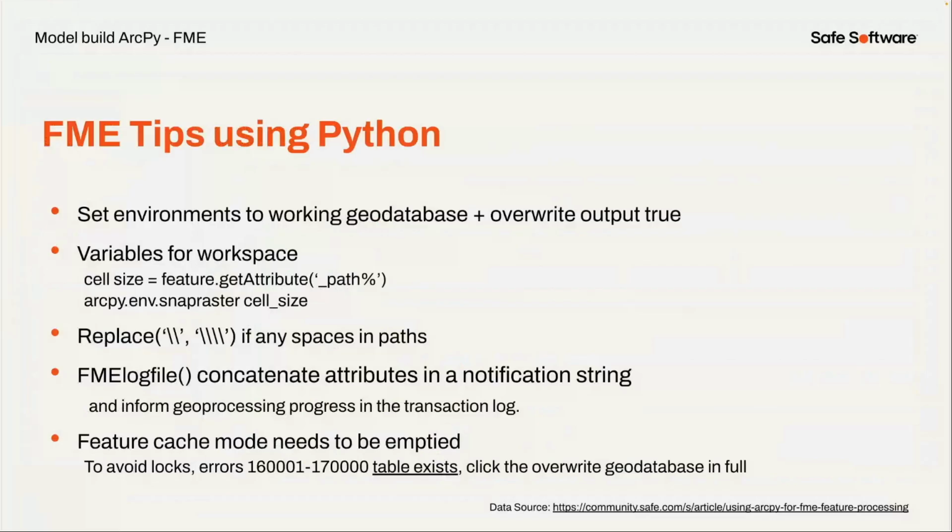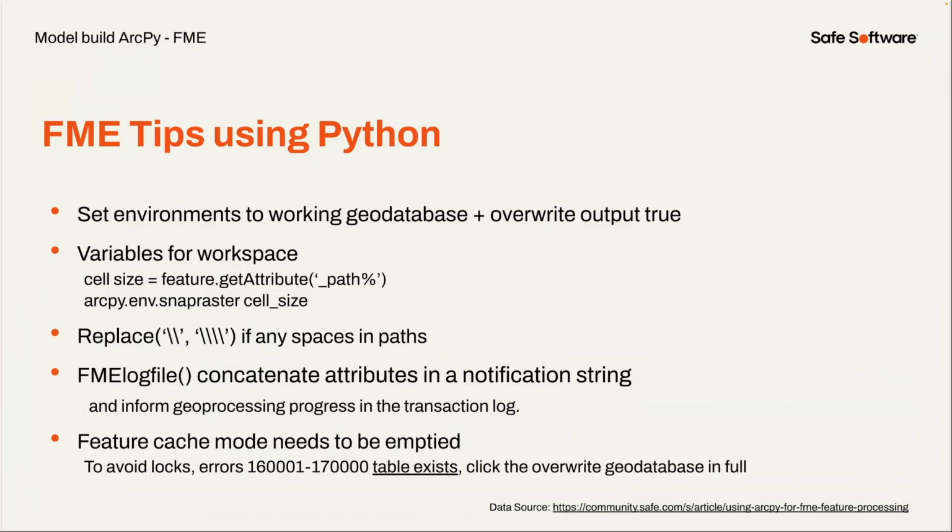So some of the tips or learnings from my dabbling in Python: setting those environments, dabbling a little bit with variables, and working with the FME modules to capture the feature path to get attributes. I had some spaces in some of my file paths unknowingly, and you can just use a simple replace for that inline within the Python.